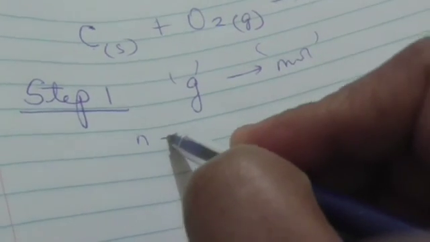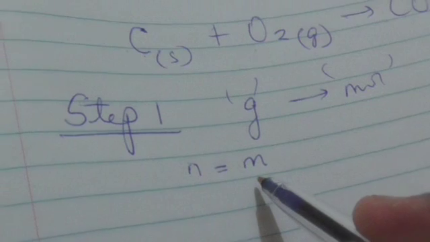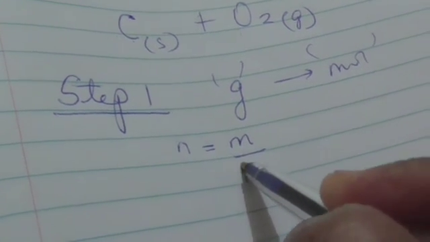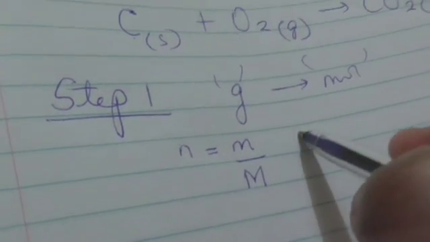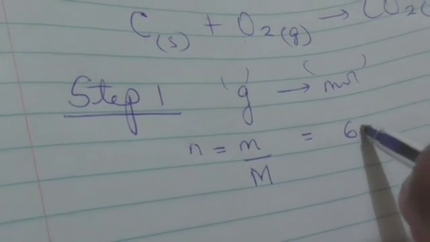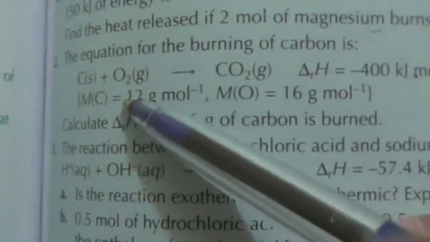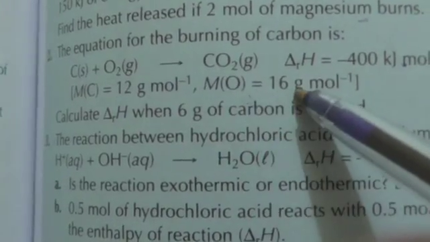The equation we use is n equals m over M, where n represents number of moles, little m is the mass, and molar mass is uppercase M. In the question, the mass given to us is 6 grams, and for the molar mass, if you look at the textbook, they gave us the molar mass of carbon and the molar mass of oxygen.